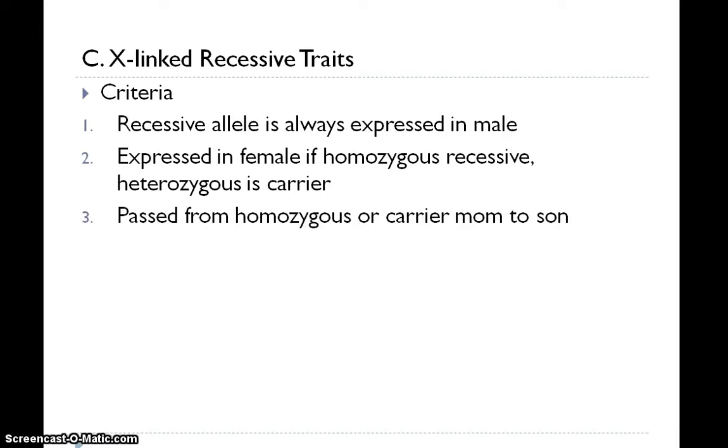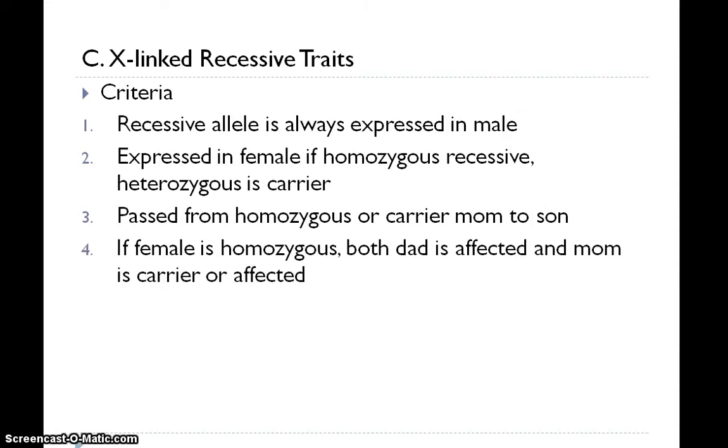X-linked recessive traits are passed from either a homozygous mom or a carrier mom to her son. If an offspring female is homozygous, you know that her dad was affected because the dad passed on an X with the recessive allele, and her mom was either a carrier or was affected.